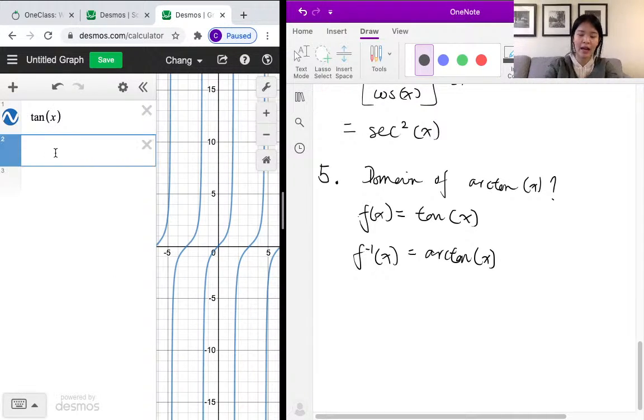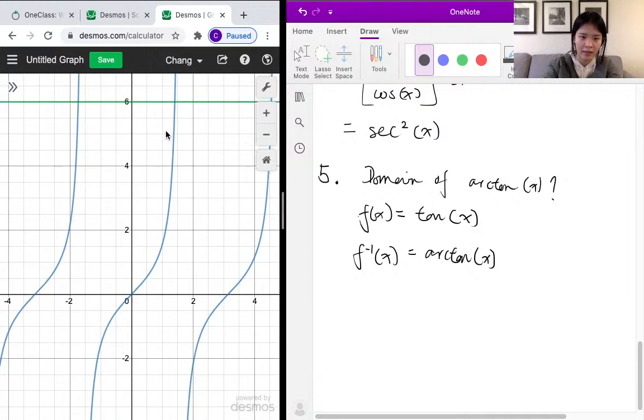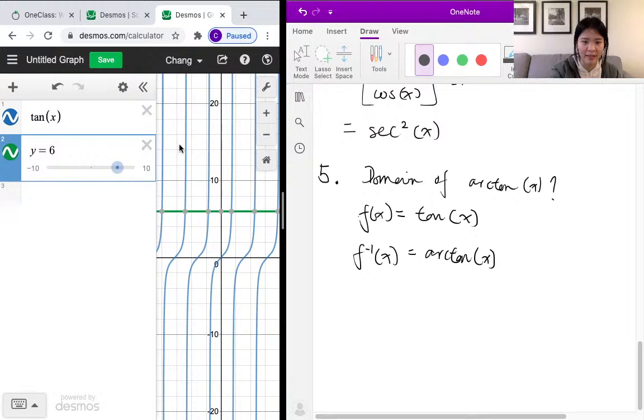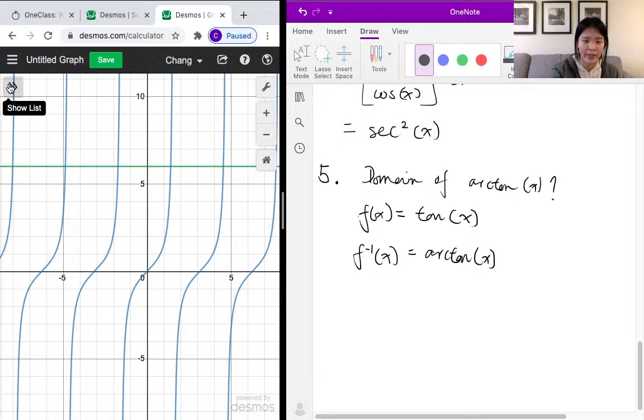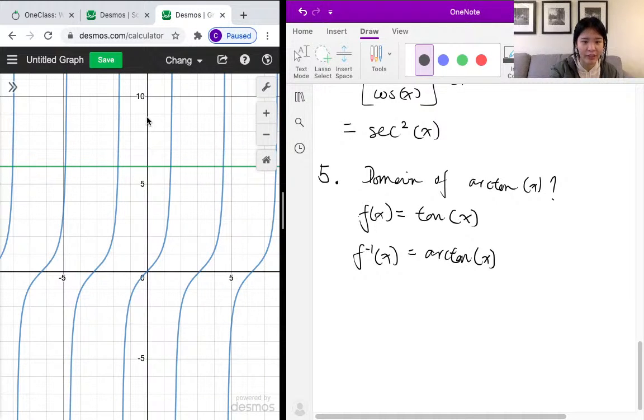If I draw any horizontal line, let's just draw the line y equals 6, and zoom out a bit, you can see that a horizontal line intersects the tangent function at multiple places. That means the tangent function fails the horizontal line test. So the tangent function is not a one-to-one function, which means that the tangent function does not have an inverse.